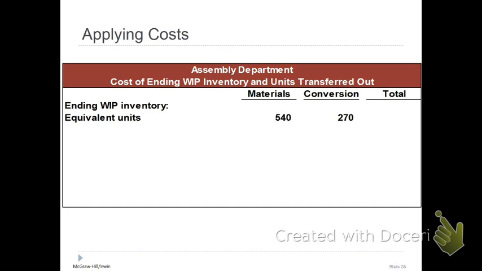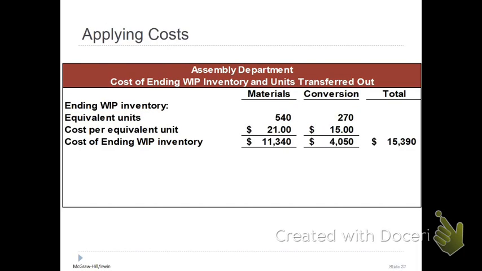So now we can go ahead and apply the costs. Notice ending work in process. What did they have here? They have the equivalent units, those are in units, 540 and 270, multiplied by the individual amounts for each, 21 and 15. And that tells them the ending work in process inventory.